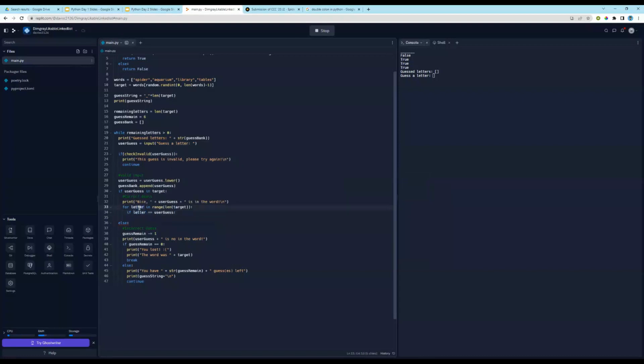So if the target at x is equal to the user guess, that means we have correctly gotten one letter. So we'll do guess string, add that letter, it becomes the user guess.